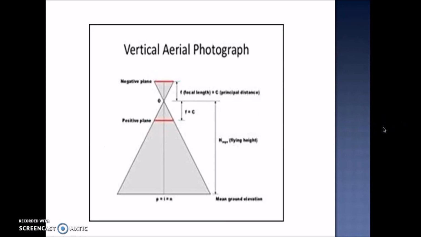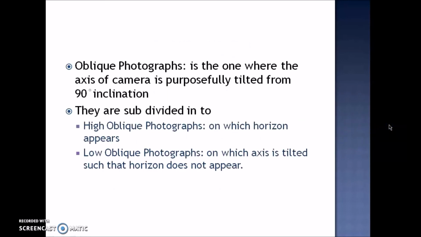This is what the aerial photograph looks like. This is the plane position, your camera position, and its axis. If the axis is exactly 90 degrees to the ground, then we can call it a vertical photograph. The next one is oblique. We have discussed this earlier, right?